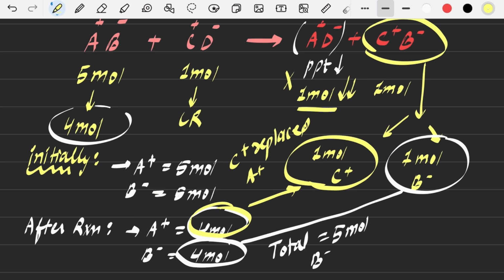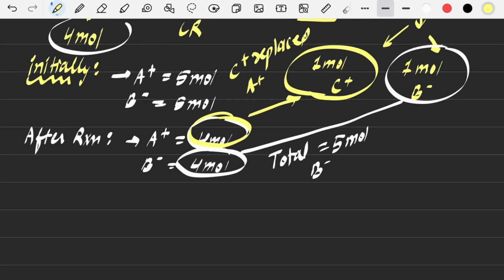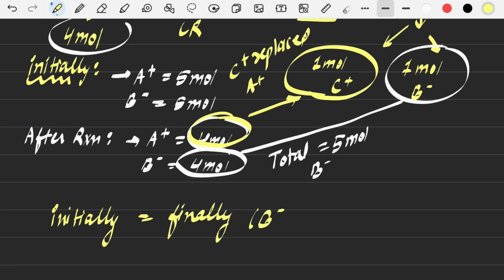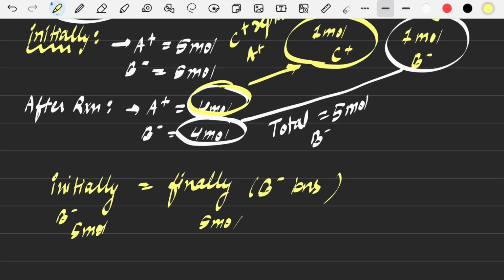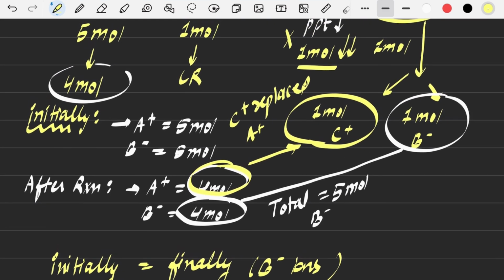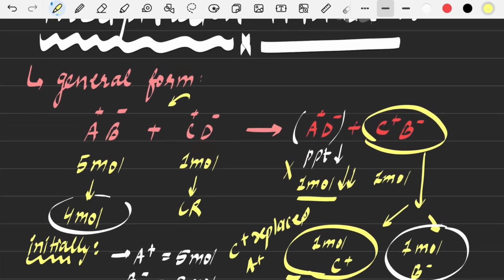So initially and finally, B negative ions will be equal to each other. B negative will be 5 mole initially as well as finally, but A positive has changed. Clear? So far everything is clear, it seems.